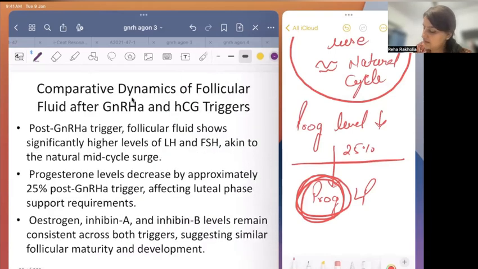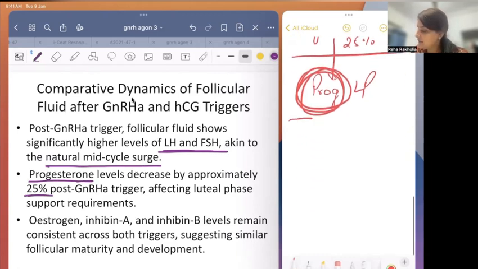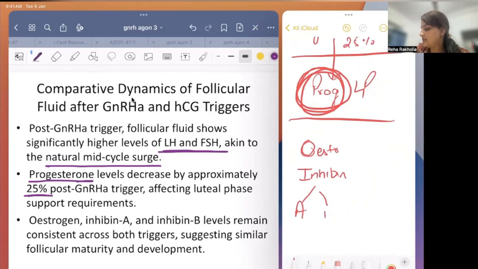See, it's written that LH and FSH are similar to the natural mid-cycle surge. Progesterone is decreased. And another thing is estrogen and inhibin, both inhibin A and inhibin B. Inhibin B is secreted by granulosa cells, inhibin A by the corpus luteum.